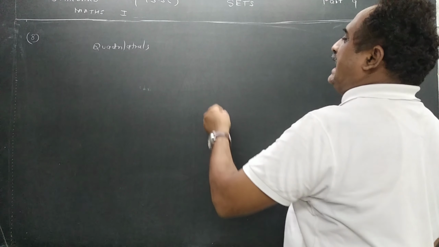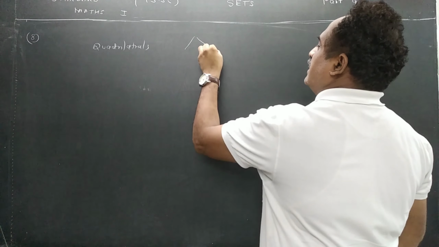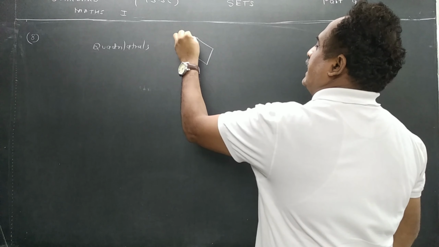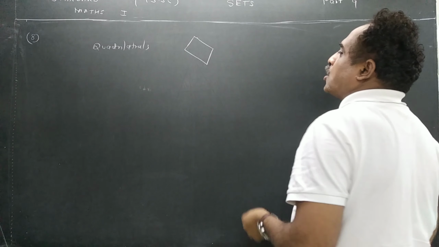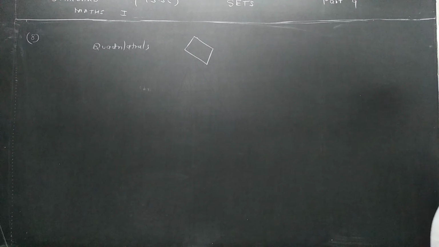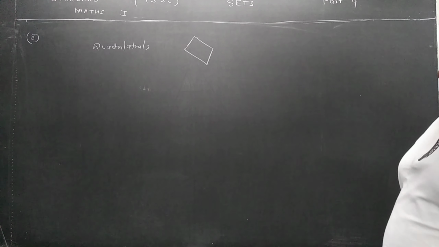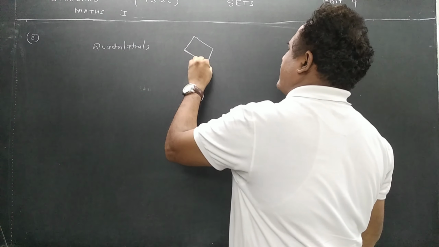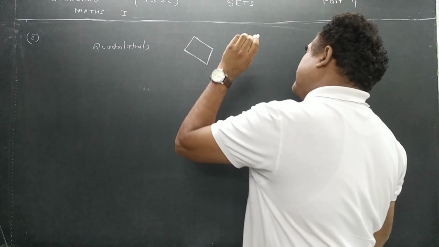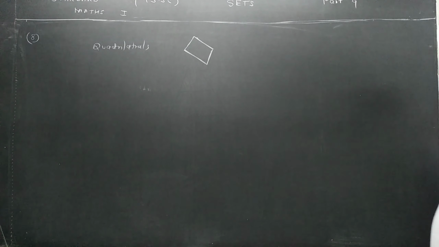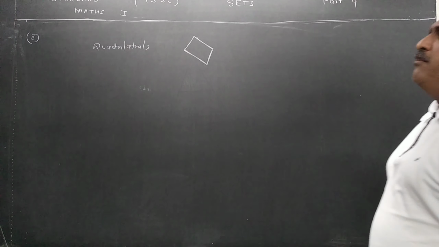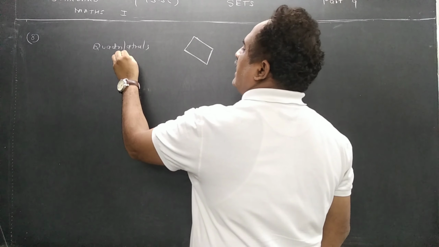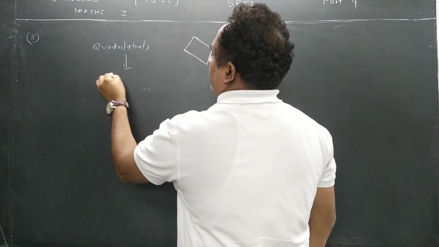Quadrilateral is any figure, any closed figure having four sides is called as what? Quadrilaterals. Is it right? तो कोई भी शेप का खाली चार साइड्स होनी चाहिए, चार वर्टाइसेस होनी चाहिए. एक क्लोज फिगर को हम लोग क्या बोलते हैं? क्वाड्रिलैटरल्स.